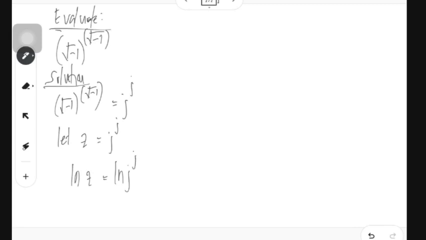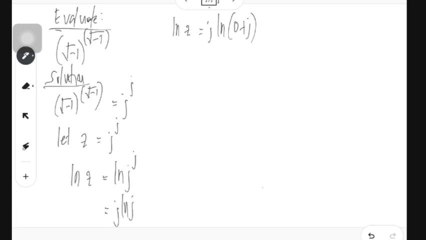Tama? Then, third property, pwede mong gawin ganito. J ln of j. So, we have here j ln of j. Ln of j can be taken as 0 plus j in rectangular form.